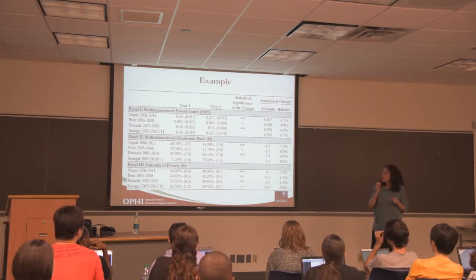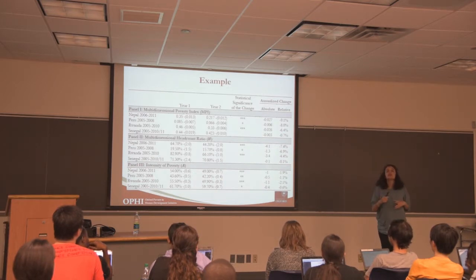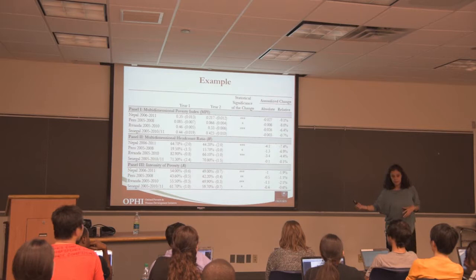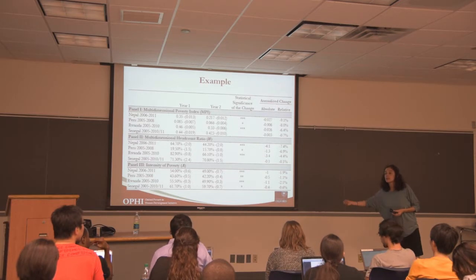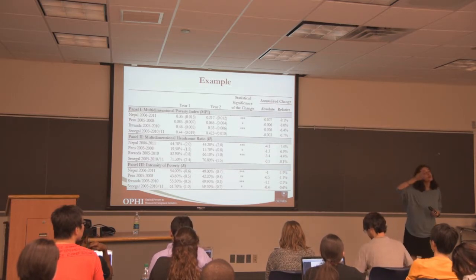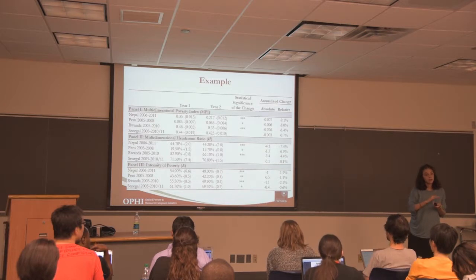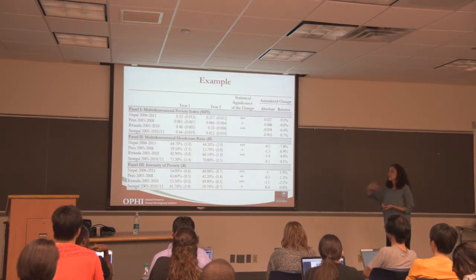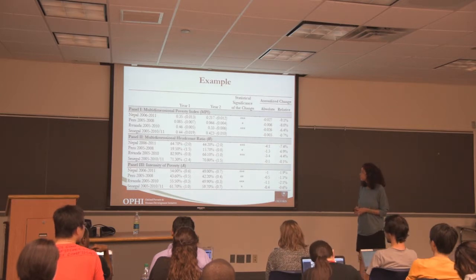Peru, between 2005 and 2008, has reduced incidence at the rate of 6.9% a year. So absolute changes will be percentage points. Relative changes is a percentage, but it is a percentage with respect to the initial point. We reduced already 6.9% a year, 6.9% of what you started with.